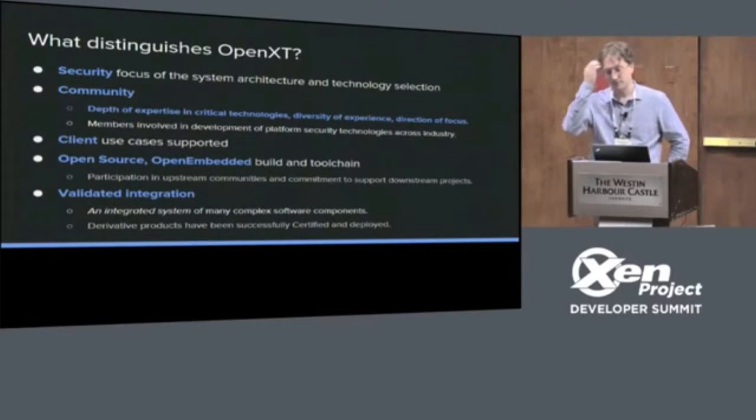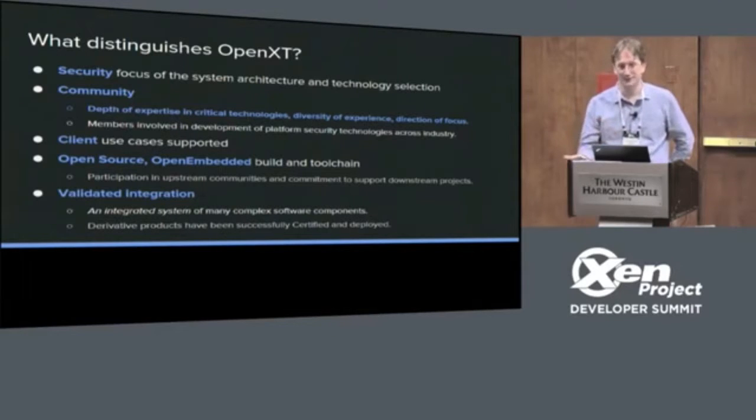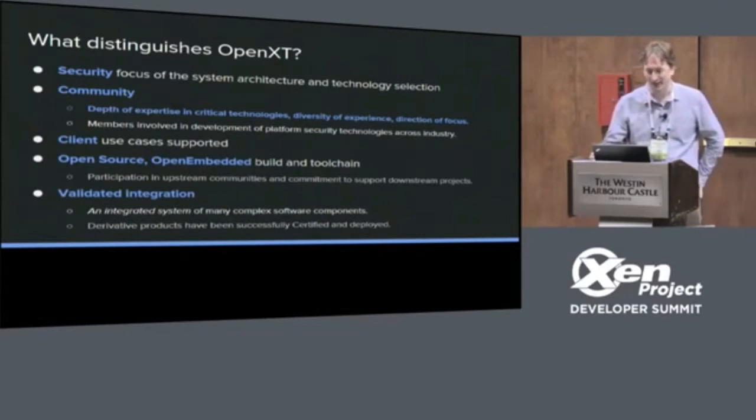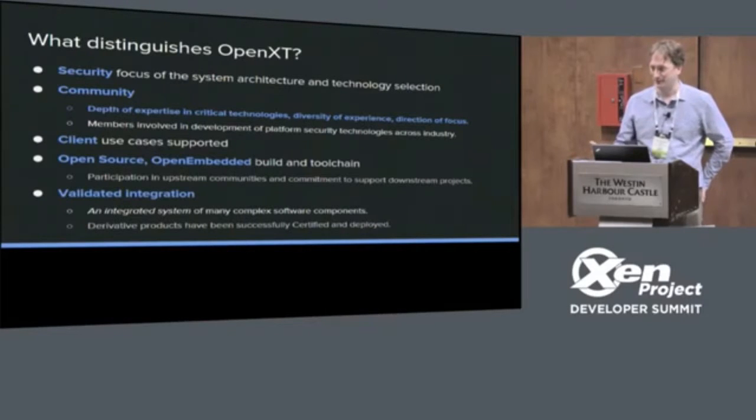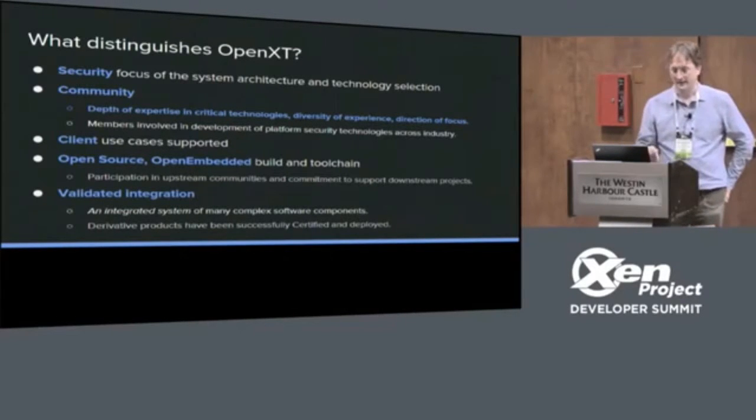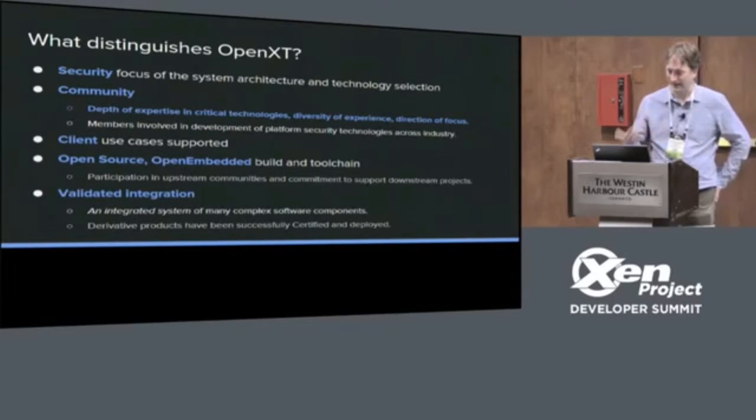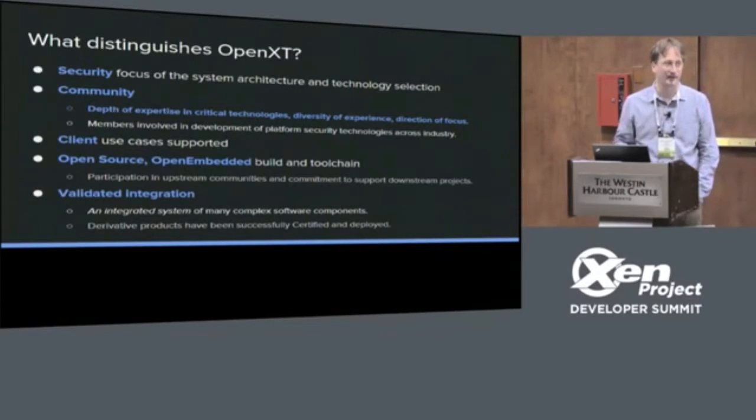So if that's what OpenXT is, what distinguishes OpenXT is also heavily related to this. So I think the distinguishing aspects of what we built are the focus on security throughout the architecture and the selection of technologies. Another major distinguishing aspect of OpenXT is the community that we have around it.